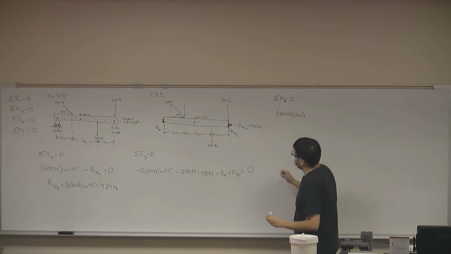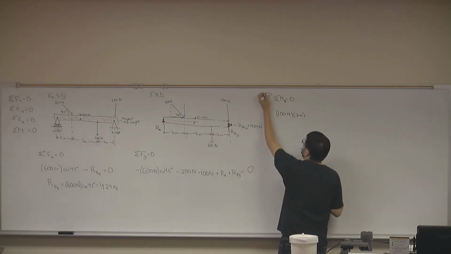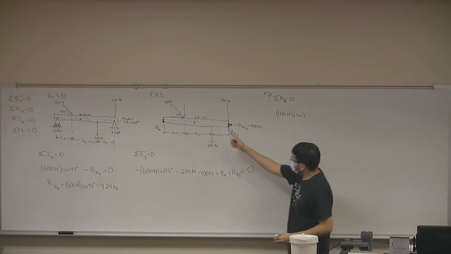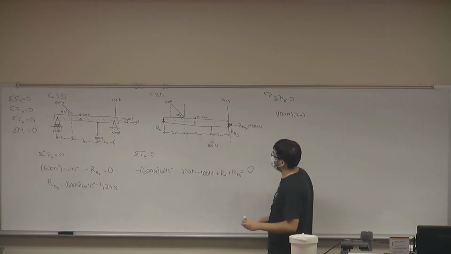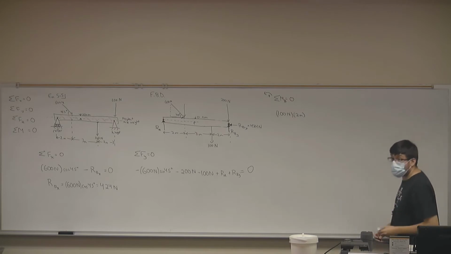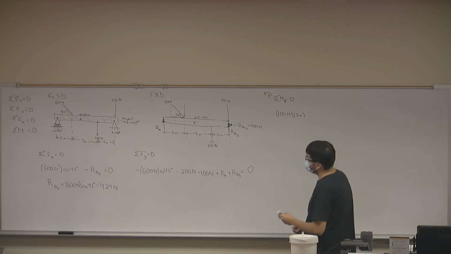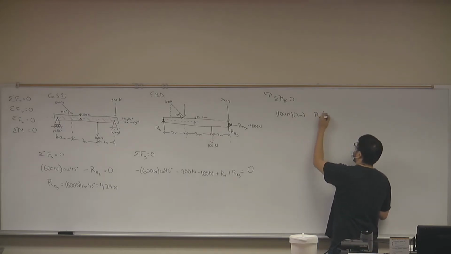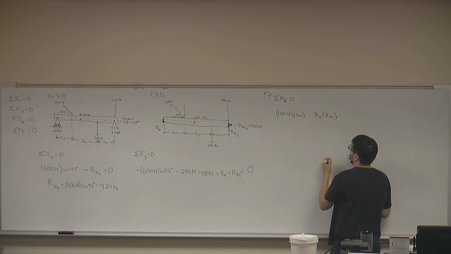And would that be a positive or a negative moment? Okay, we got a counterclockwise rotation, positive moment. Chris? RA times 7 meters. And would that be a positive moment or a negative moment? Negative.